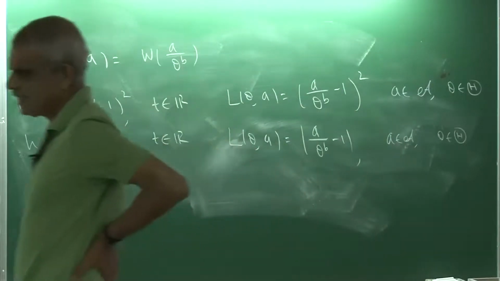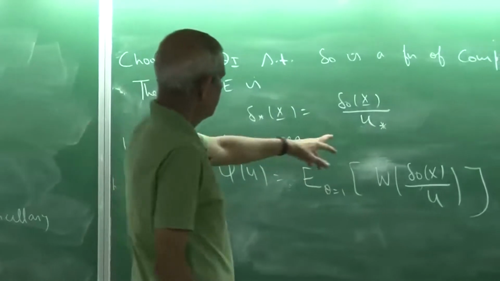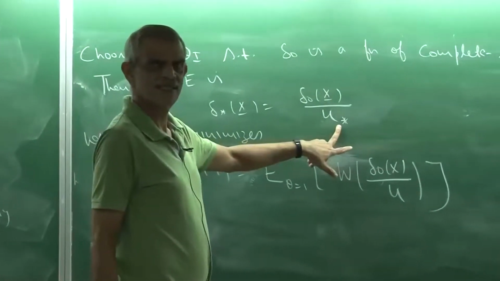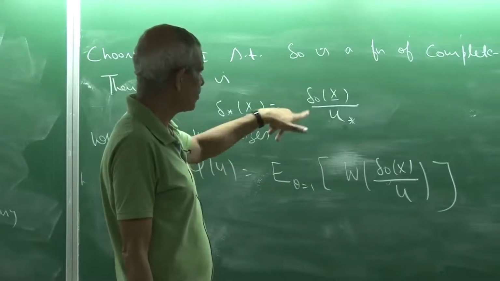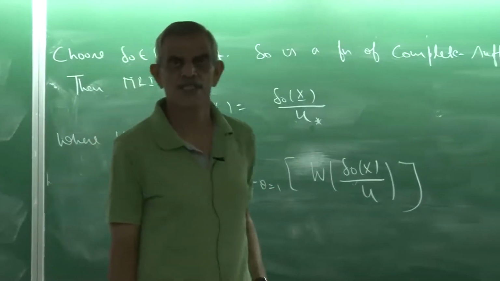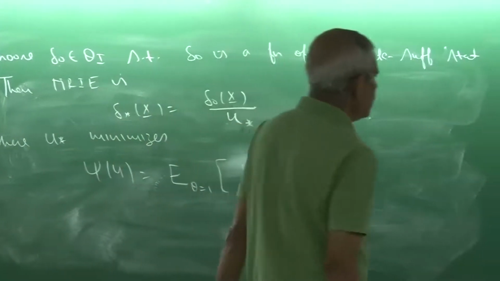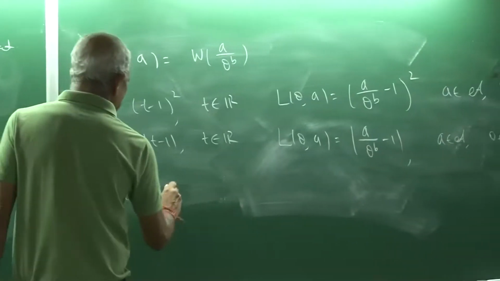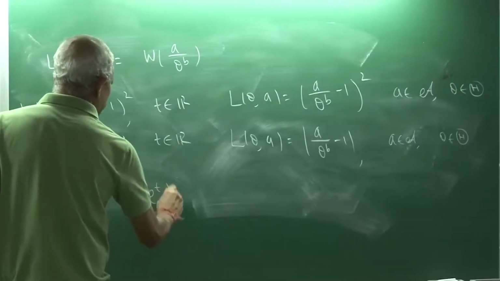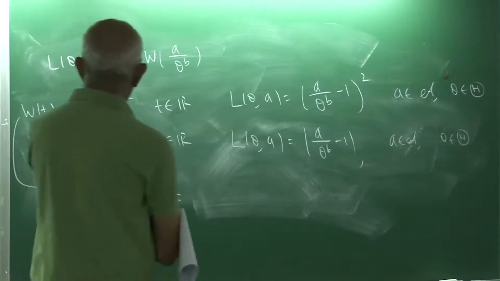Now one can see that in this case, one is able to find this U star, depending on Z or not depending on Z, that depends on the fact whether you have chosen delta naught to be a function of a complete sufficient statistic or not. So in this case, let us take psi t to be W of e to power t. What does W of e to power t mean?